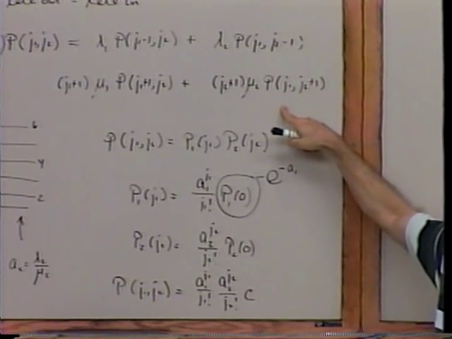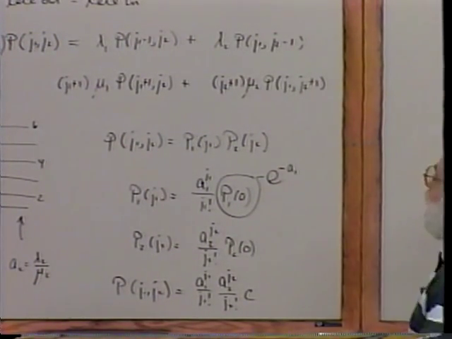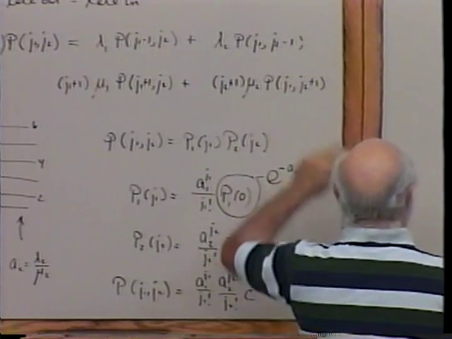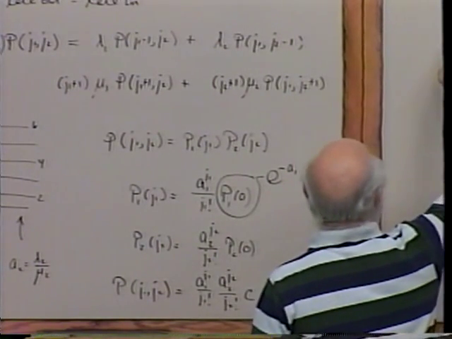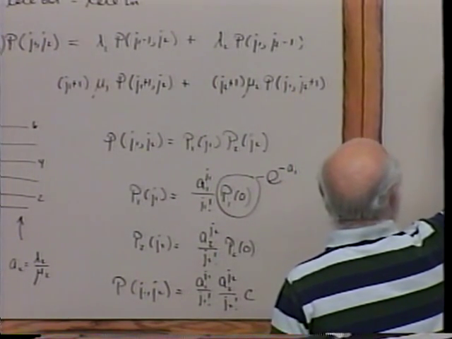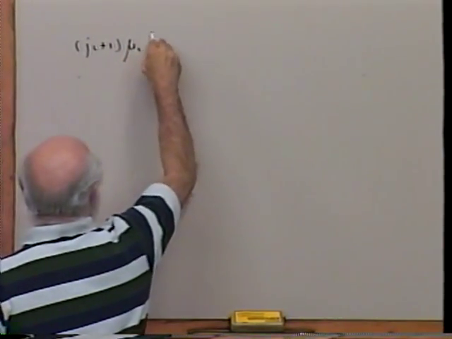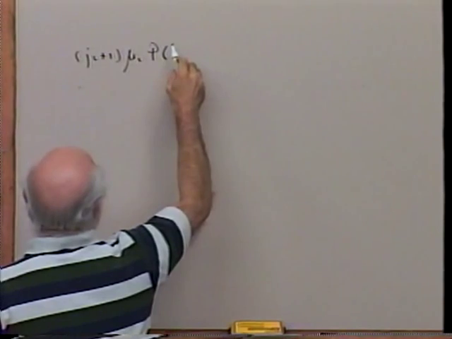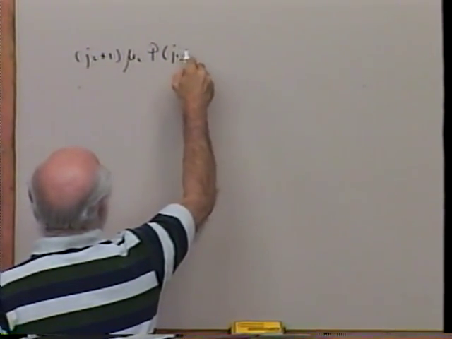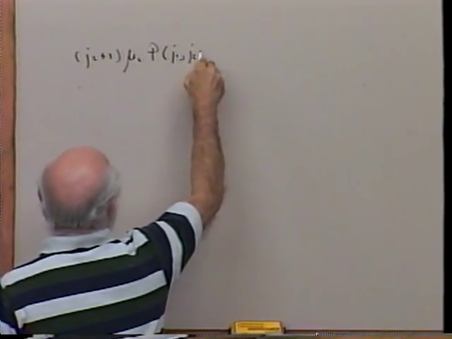How's that? Okay. All right, so you can see when I do this, all the terms are going to be the same. What I'm going to do is calculate J2 plus 1 mu 2 times P of J1, J2 plus 1.